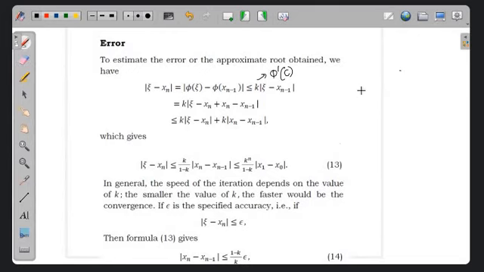I hope you know Lagrange's mean value theorem, that is f of b minus f of a divided by b minus a is equal to f dash of c, where c is in between a comma b. That is Lagrange's mean value theorem. So we wish this slope to be less than 1. It means this is what we are expecting.